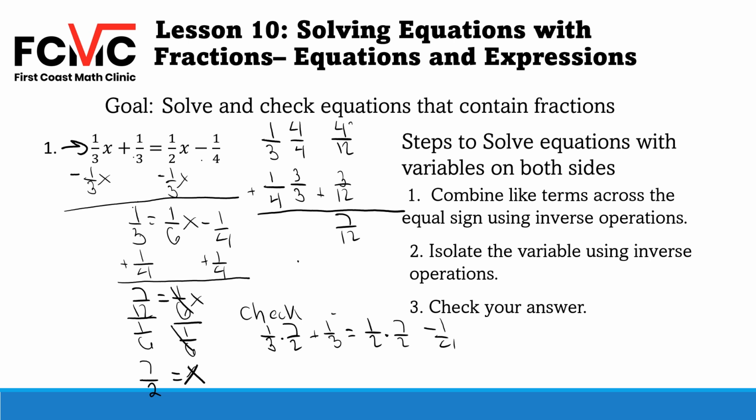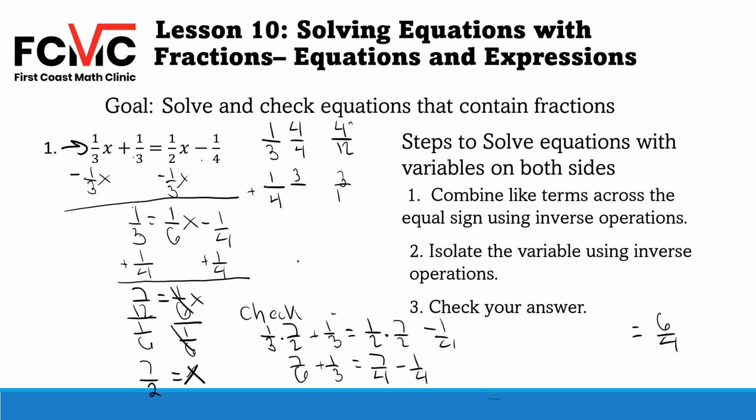So we're going to get 7/6 plus 1/3 equals 7/4 minus 1/4. So on the right side, 7/4 minus 1/4 is going to give us 6/4.